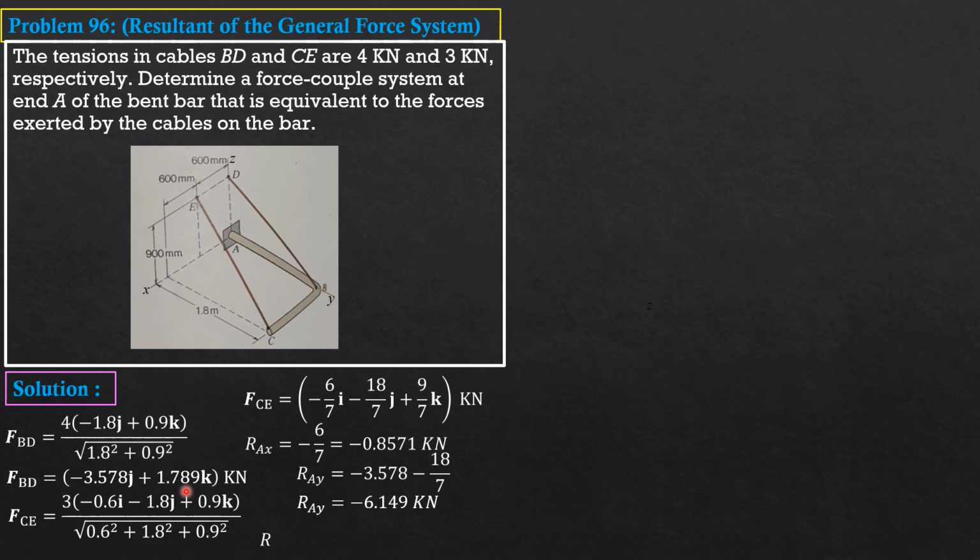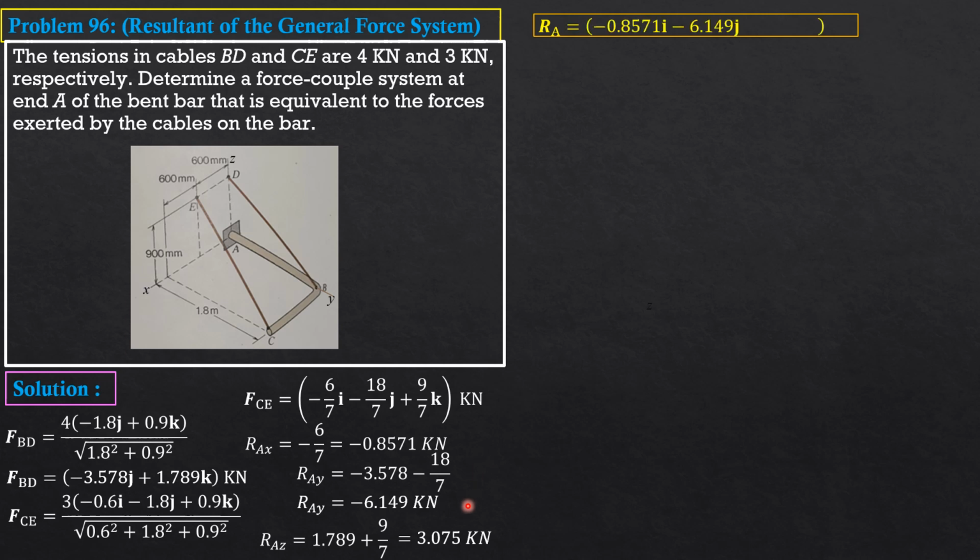RAZ is 1.789 plus 9 over 7, so it is equal to 3.075 kilonewtons. Therefore, the single force applied at A is, in vector form, negative 0.8571 i, negative 6.149 j, 3.075 k kilonewtons. So that's the single force.